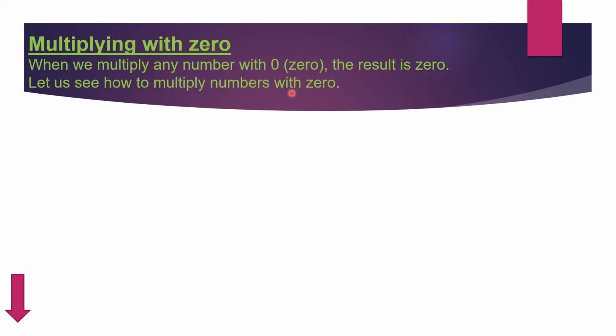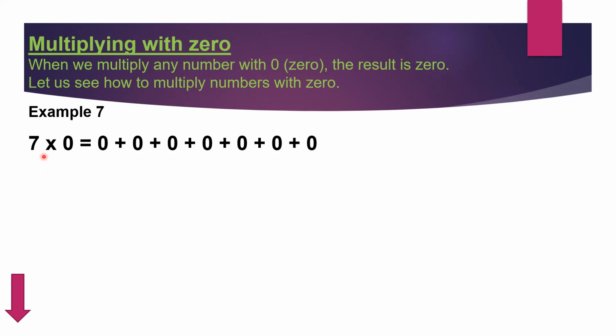Example number 7: 7 times 0 equals, so that means there are 7 zeros. 0 plus 0 plus 0 plus 0 plus 0 plus 0 plus 0 equals 0. So you are going to add 7 zeros, which equals 0.